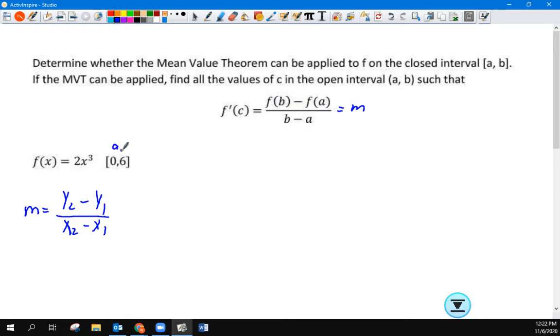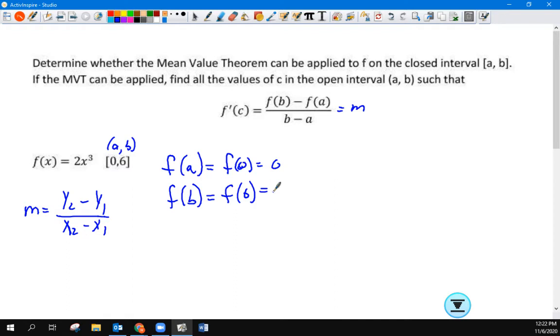So they've given me this a and b. So I need to find f of a, which is f of 0, which is 0. And then I find f of b, which is f of 6. Okay, and you plug in 6. And 6 cubed is 216 times 2, which is 432.